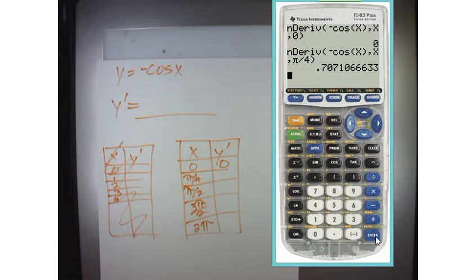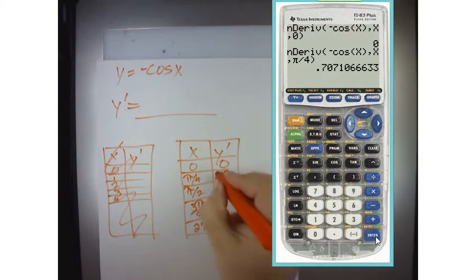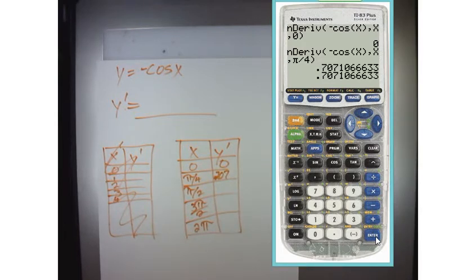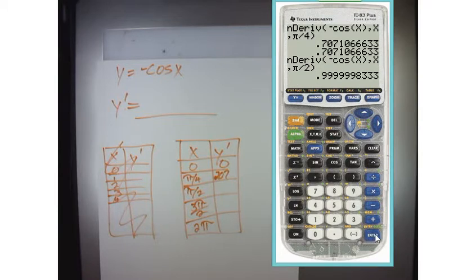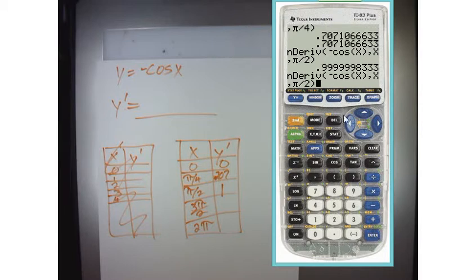And I get 0.707. All right, now for the next one, I'm going to hit second entry and change my 4 to a 2. That's 1, because that's pretty darn close to 1. Then I'm going to hit second entry again and change that to 3 pi over 2, hit enter.